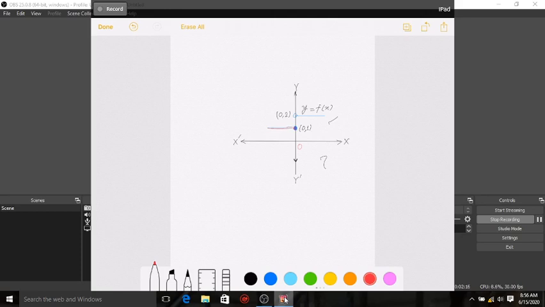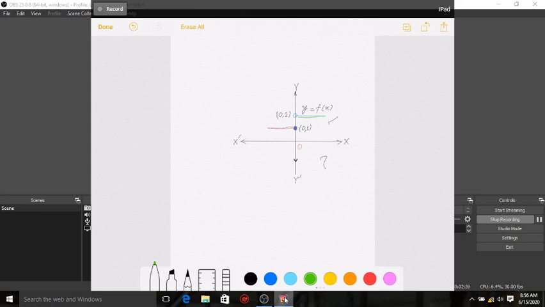Now on the right side of the y-axis, the value of the function is 2. You can see here. If we want to draw the graph of this function, it is not possible without lifting the pen.